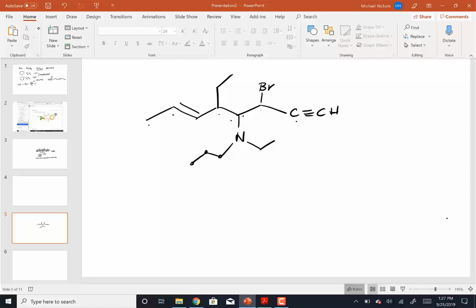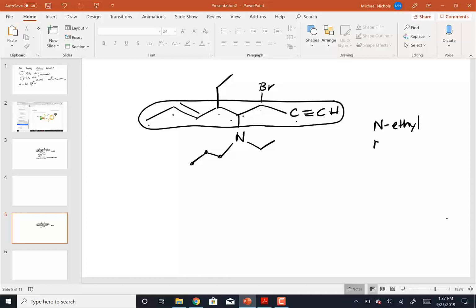So again, the same longest continuous carbon chain. I had to be careful that I added it so as not to somehow make a new chain. So in terms of my substituents, I have an N-ethyl, an N-propyl, now an ethyl, and a bromo.